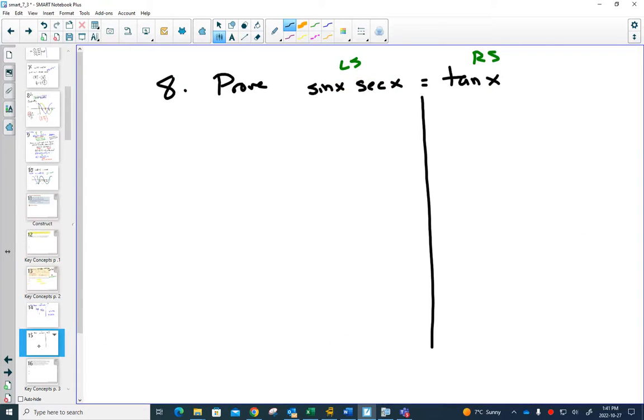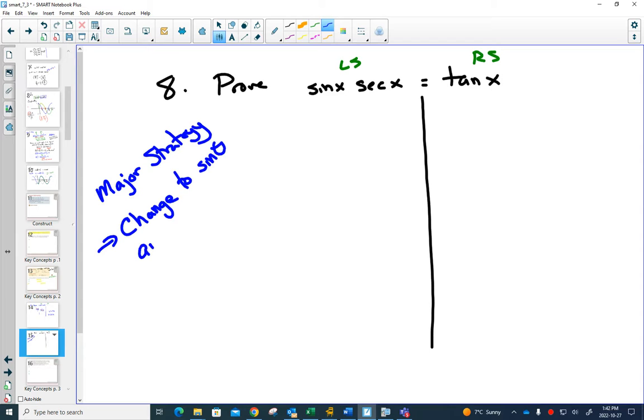But a major strategy that comes up a lot is, if you notice, no matter which trig function you start with, there's always something to change it to either sine or cos.